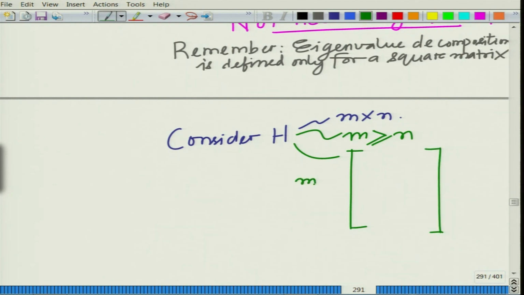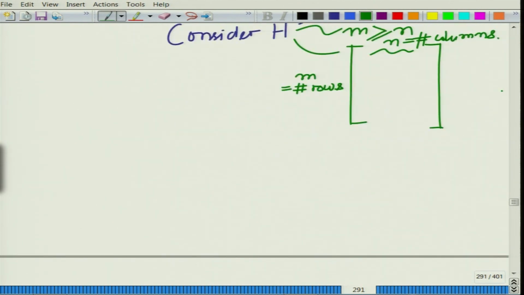So m equals number of rows, and n equals number of columns. Number of rows is greater than or equal to number of columns, which implies that this is a tall matrix. So that is our nomenclature. Okay.